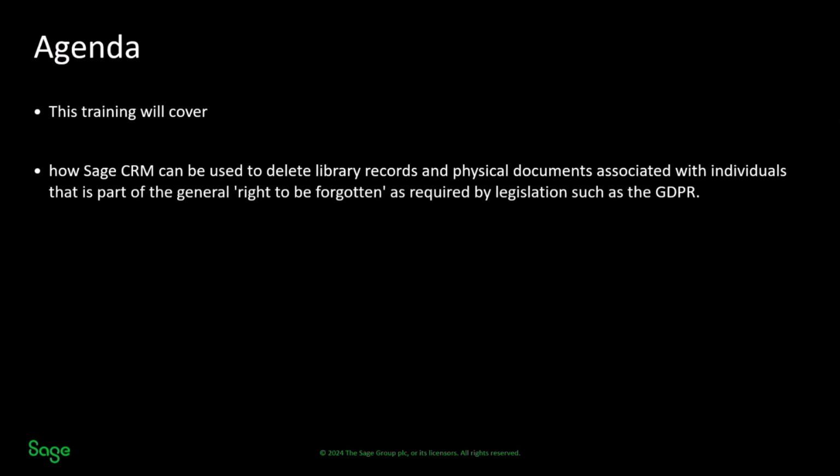So we're looking specifically in this lesson at covering the knowledge needed to understand how Sage CRM can be used to delete library records and physical documents associated with individuals that are part of the general right to be forgotten as required by legislation such as the GDPR.